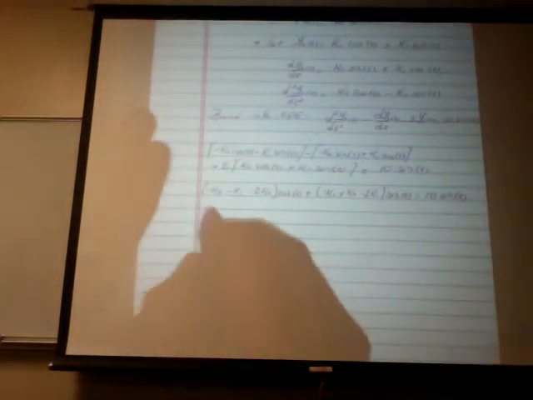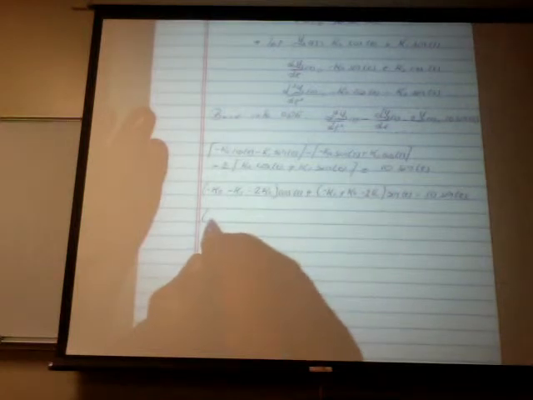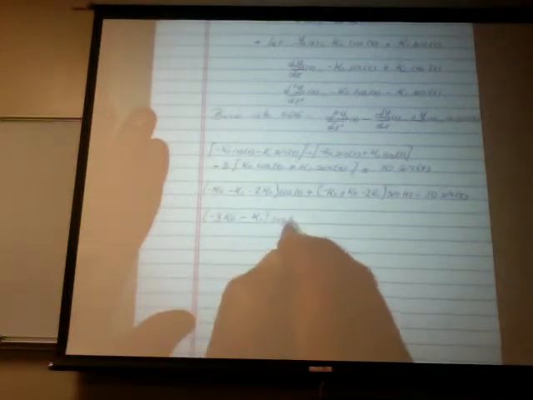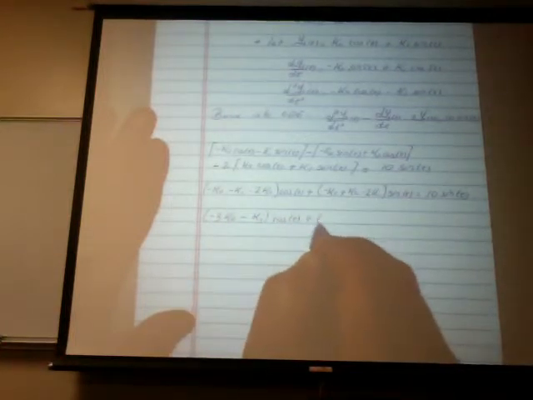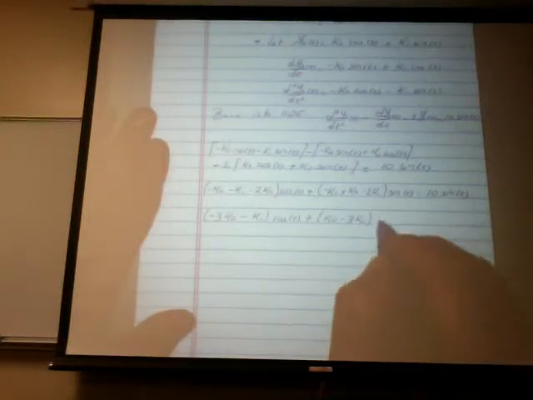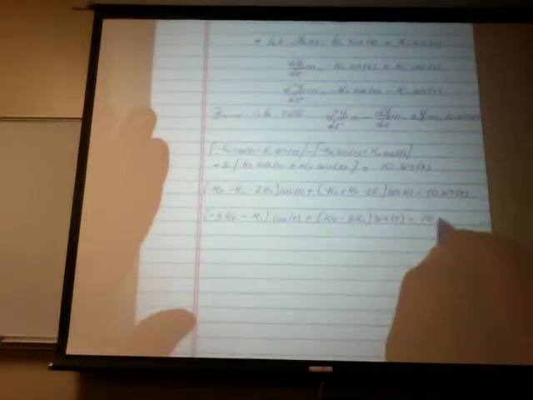Furthermore, this is equal to minus 3k0 minus k1 times the cosine of t plus k0 minus 3k1 times the sine of t is equal to 10 sine of t.